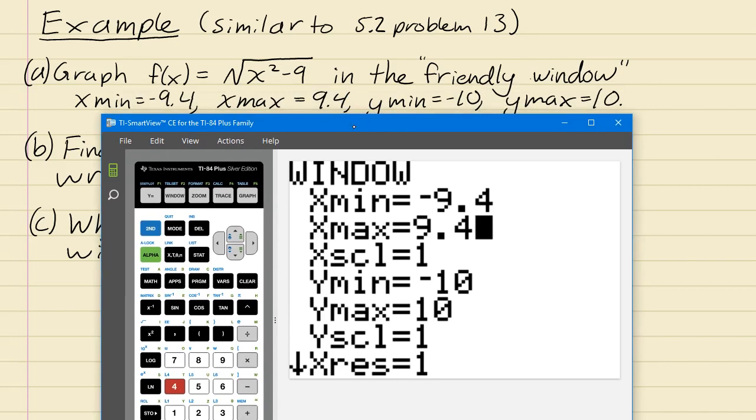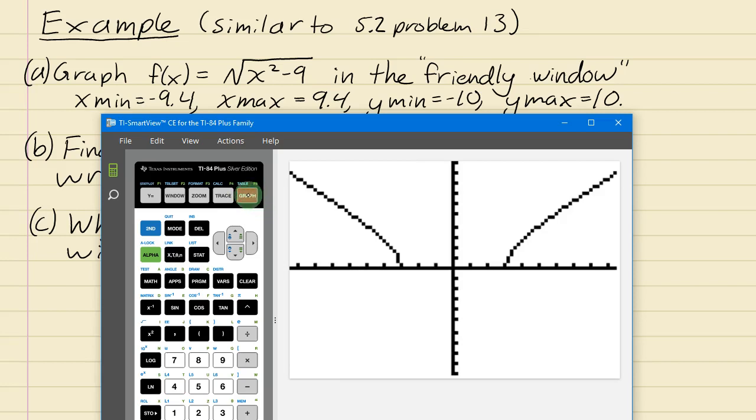This is the window that makes it easy to use the trace function, because after you press graph, each time you go to the right when you trace, it's going to go over by 1 pixel, which comes out nicely to 0.2. So I press trace and I'm pressing the right arrow now. But you see there aren't actually any points here. It will say x equals 0.8, but y equals blank, and there's no actual cursor in the middle.